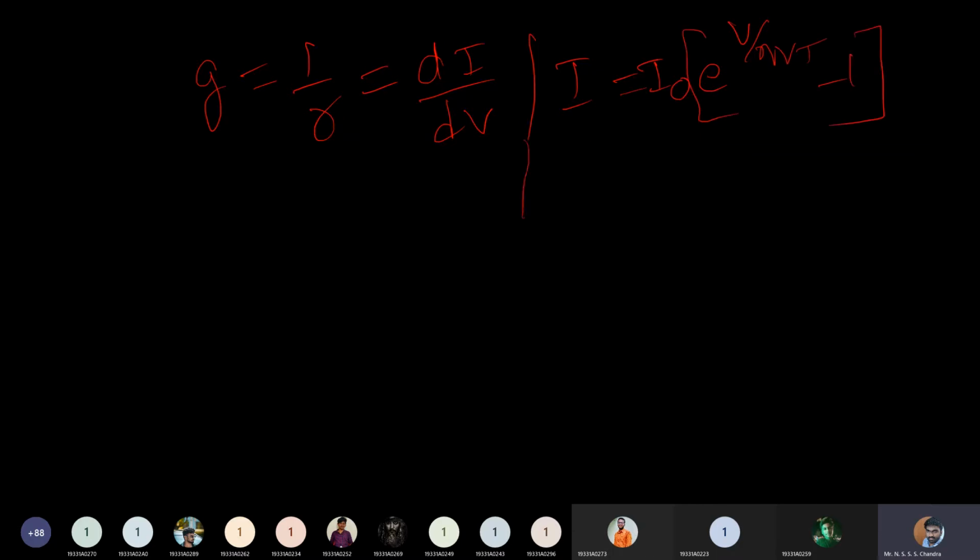Now if you do dI by dV, what will you get? For differentiating, I naught will be left over here. For the exponent, if you have e power x, the derivative of e power x will be the same, so e power V by eta VT.